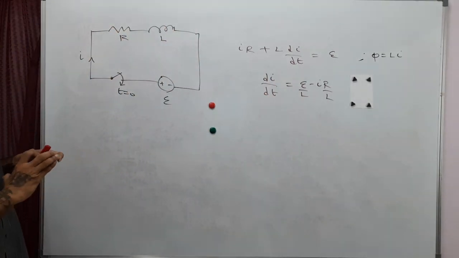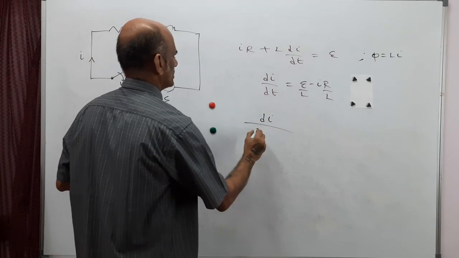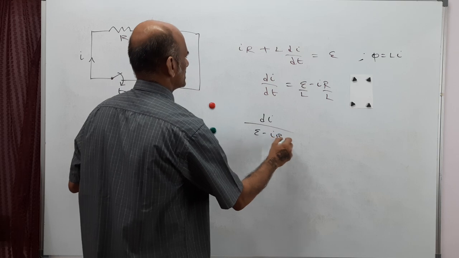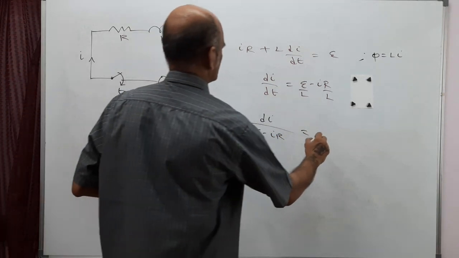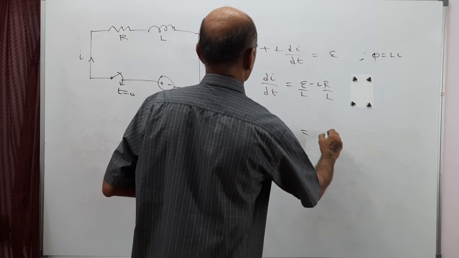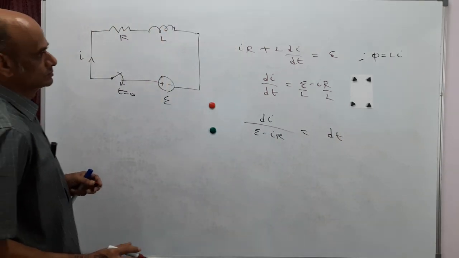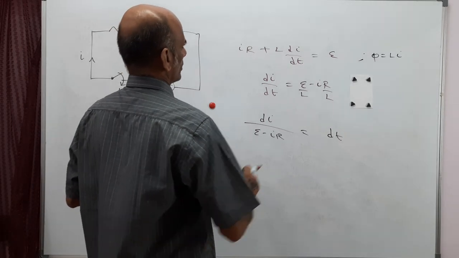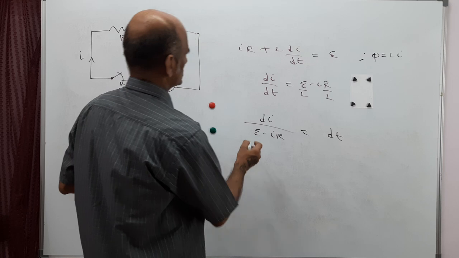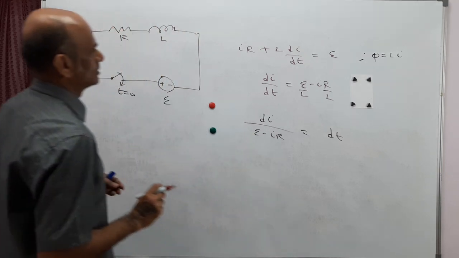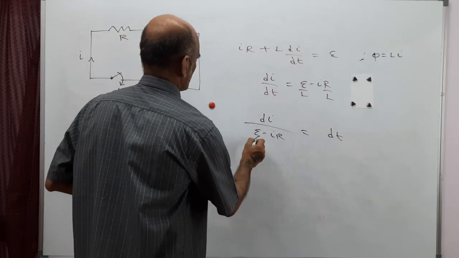So the simple differential equation, it's di by E minus IR equal to dt by L, or I can take R by L outside. Or we can just keep it like that.